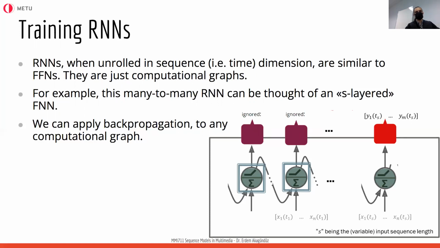So let this be the vector, for example: xt0, xt1 until xts. Remember, s being the variable input sequence length was something wrong. I forgot to change it in my slides. Since it starts from xt0 and ends at xts, this should have been s plus 1 being the variable input sequence length. So, a minor typo, but never mind.